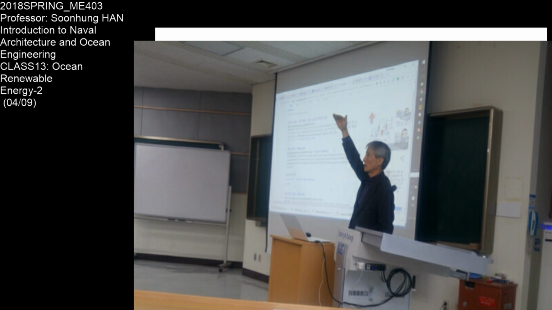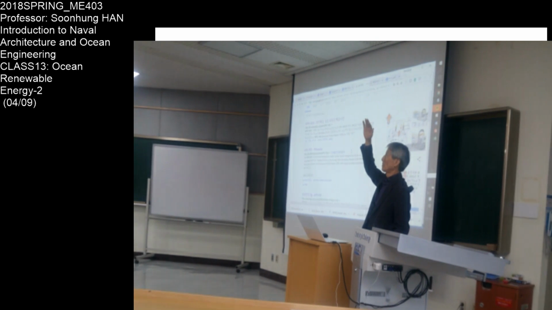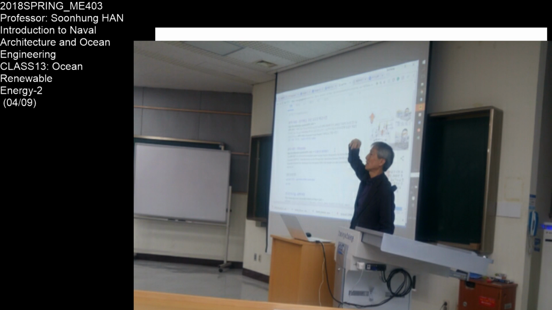This building is 6th floor. So it's only 20 or 25 meters, the height of this building. But the blade length is 50 meters. So the diameter is 100 meters.